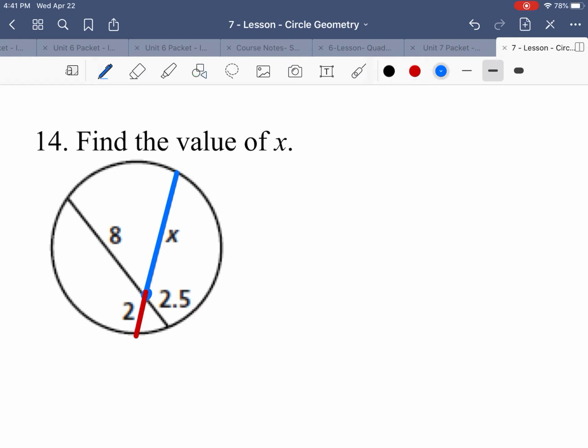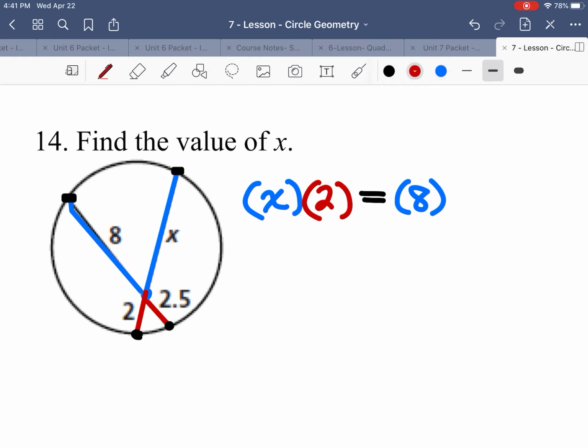I have components here, x and 2 that fall along the same line. And then 8 and 2.5 also falling along the same line. So in each case, it's point of intersection to the circumference of the circle, but here we don't have to worry about any crazy algebra.